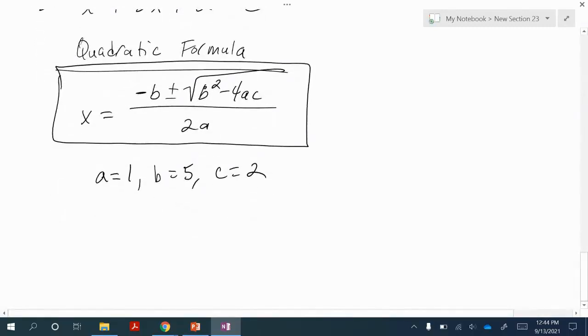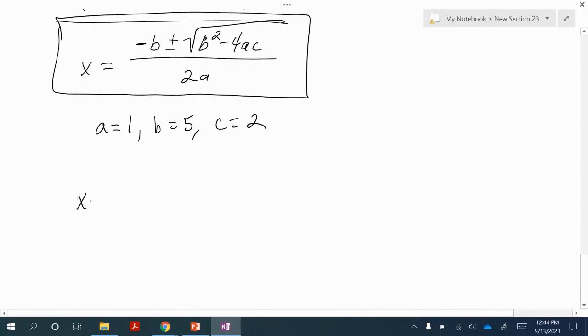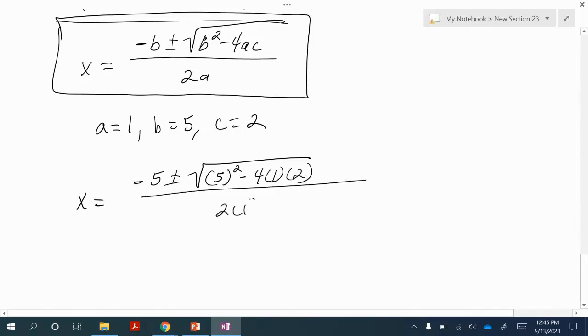Right? So we're going to substitute these items into the quadratic formula and simplify for the solution. All right, so here we have x is equal to -5 plus or minus the square root of b squared. So that's 5 squared minus 4 times a times c all over 2a.